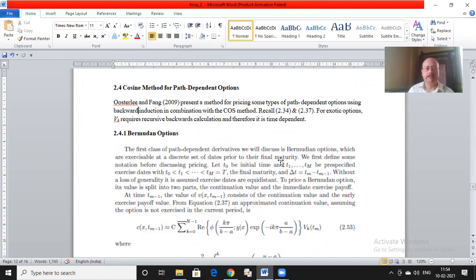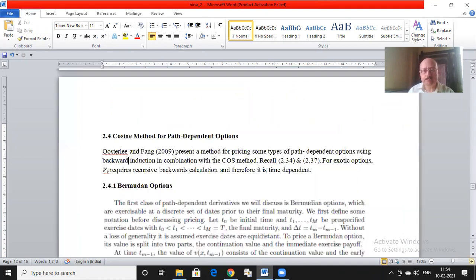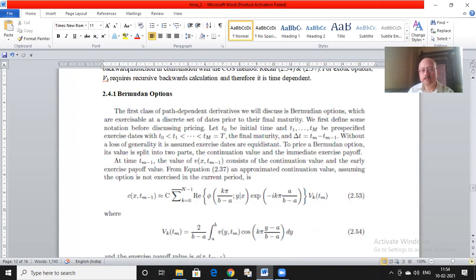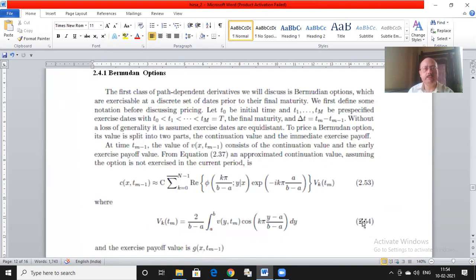In a Bermudan option, I have finitely many, but more than one, dates for exercise. So what is our notation for this? Let T naught be the initial time, and T capital M is the terminal time, the expiry date, which is capital T. But in between, I have T1, T2 up to T capital M minus 1, some intermediate time points, which are my exercise dates.